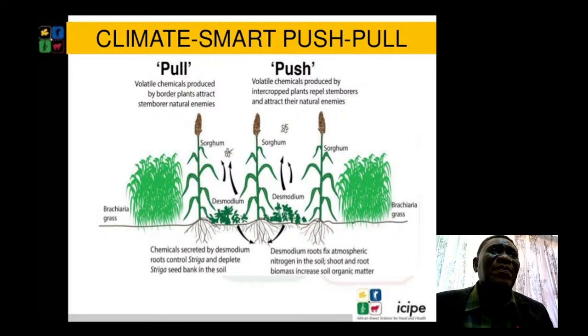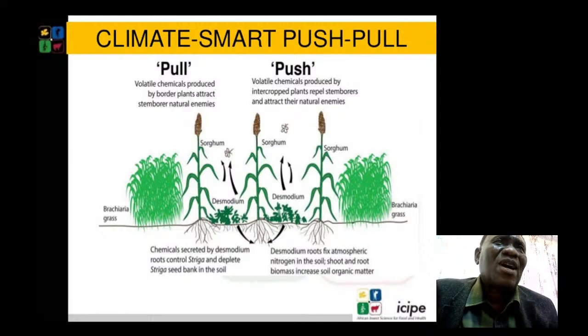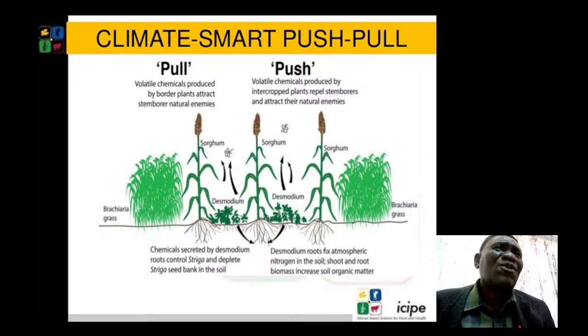So what is going to happen is that the Desmodium will produce chemicals which will stop the Striga from attacking the sorghum. It also produces some chemicals which drive away the stem borers. These are the pushing chemicals. That's why we have the push word here.